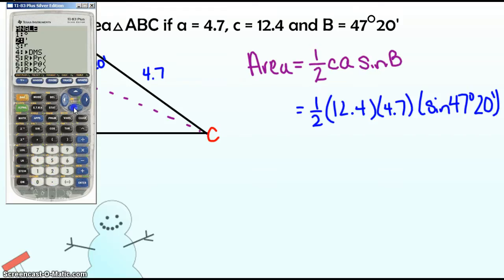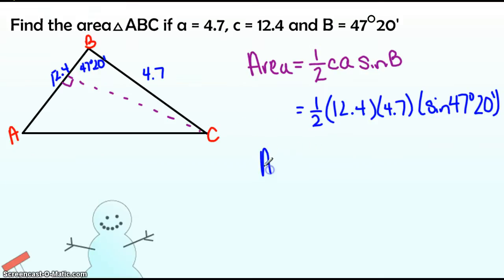So second angle, go down to 2, there's your minutes, and press enter. So that's our answer. Let's round that to the nearest hundredth. So our area is approximately 21.43 square units.